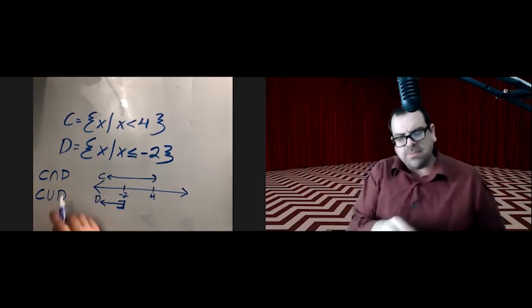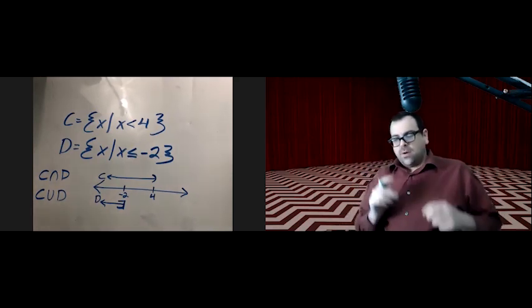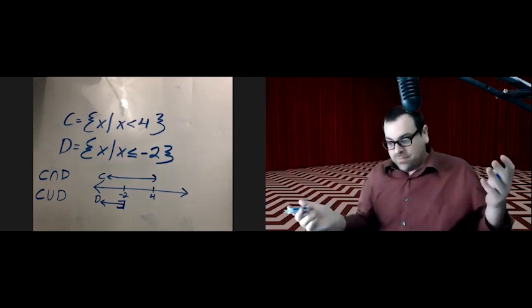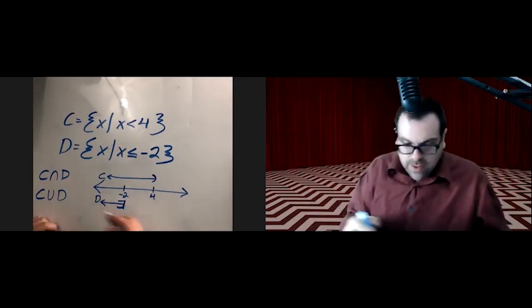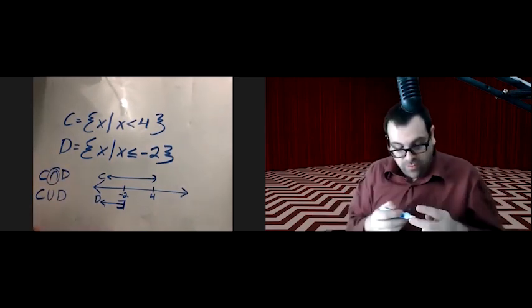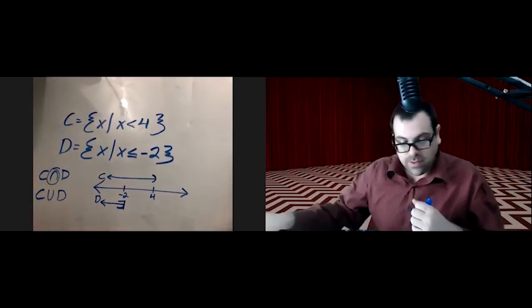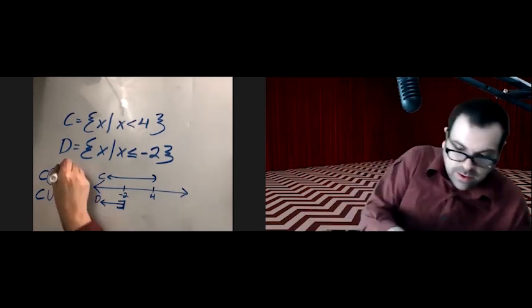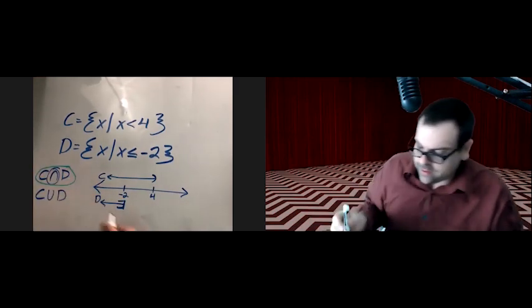When x is on the left, it points which direction to shade to. So which of these is going to be easiest? Well, they're both pretty easy. The intersection is the overlap. Where do they overlap? I'm going to do this one in green.